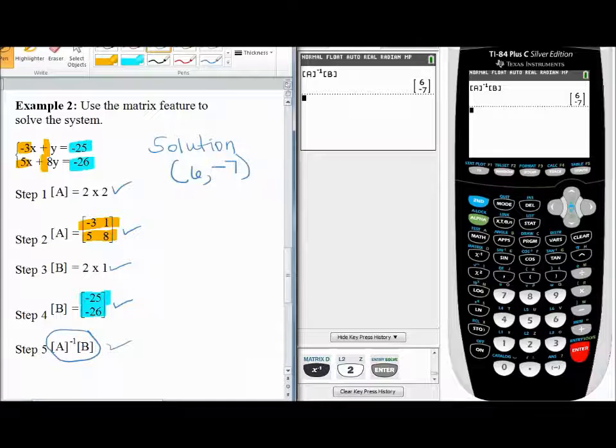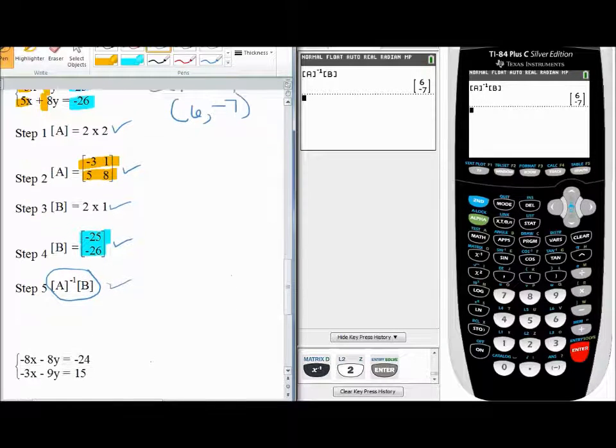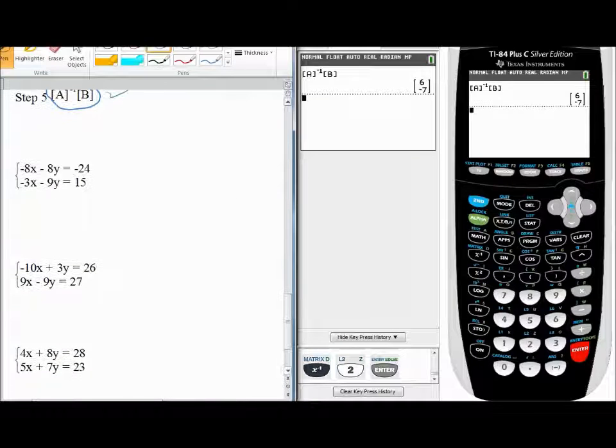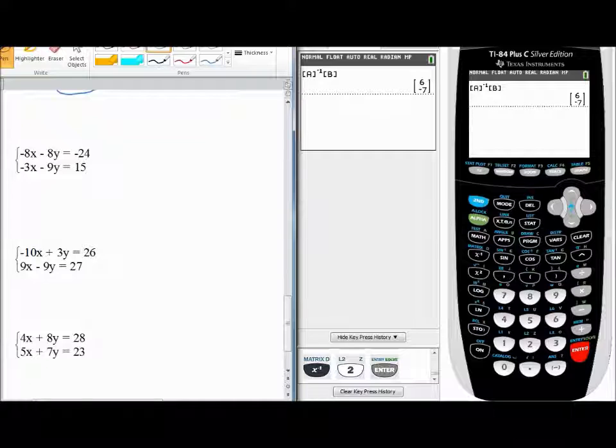Let me pull up my next equation. We're going to try this one together. Try to go slow enough for you. Okay? First thing I want to do is I want to write the entries for matrix A and B. So for matrix A, my entries would be negative 8.